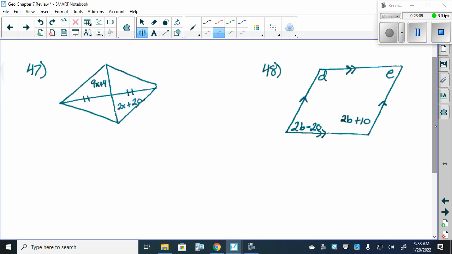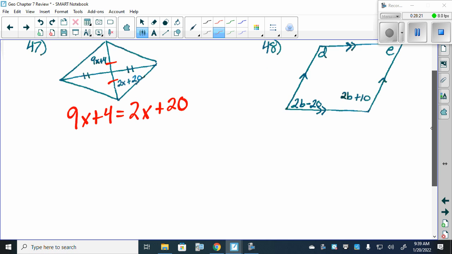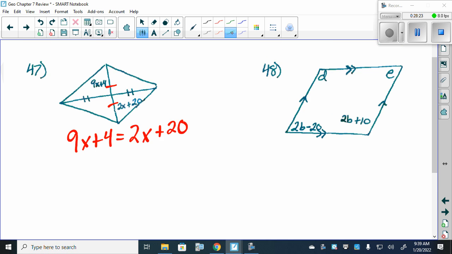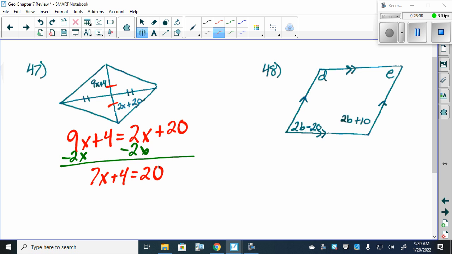Yes, these two here would be congruent, so we can say that 9x plus 4 is equal to... subtract 2x from both sides, which will tell us that 7x plus 4 is equal to 20.